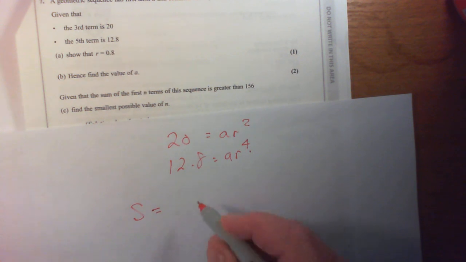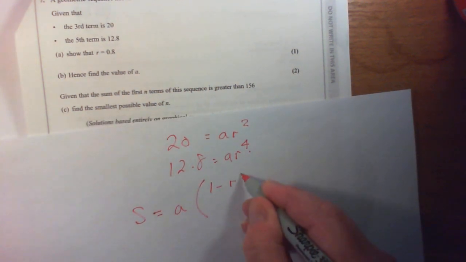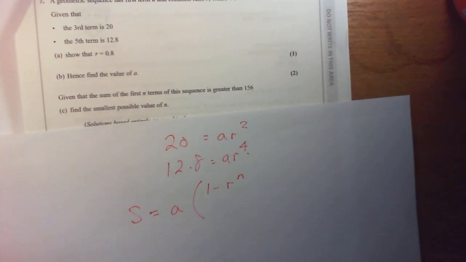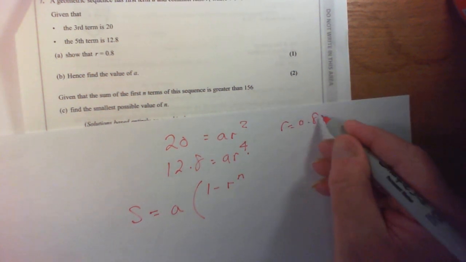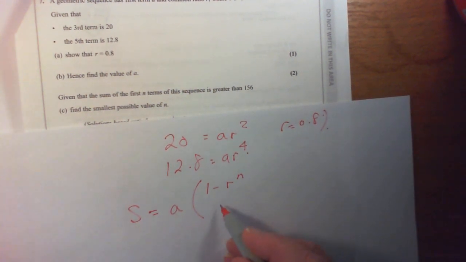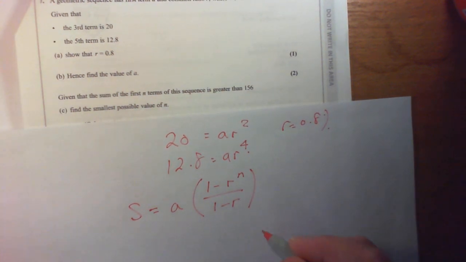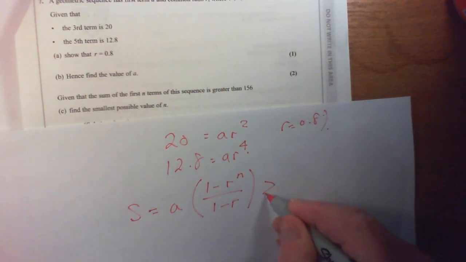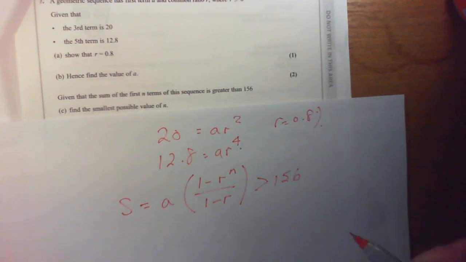The sum will be given by this, 1 minus R to the n. I should have said that R is equal to 0.8, so I can put down something like this, over 1 minus R. And what I need, to do it the correct way, is to stick it down with an inequality sign.